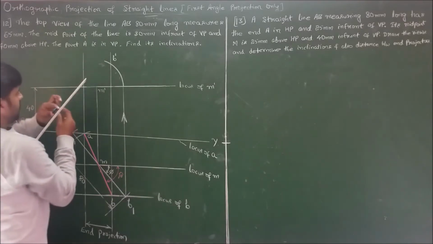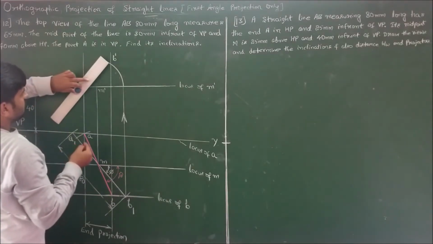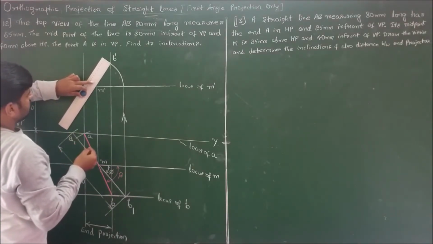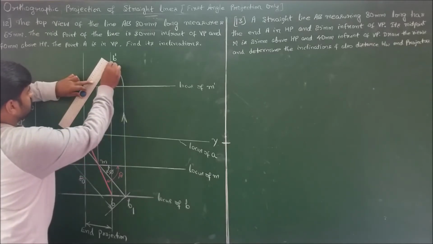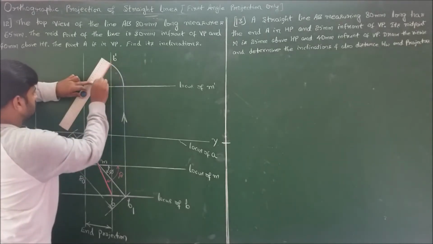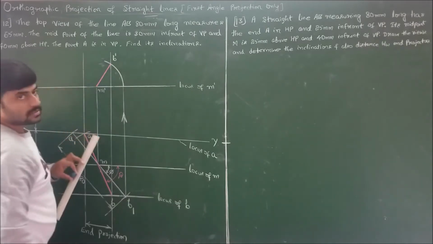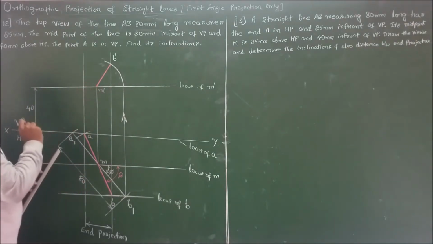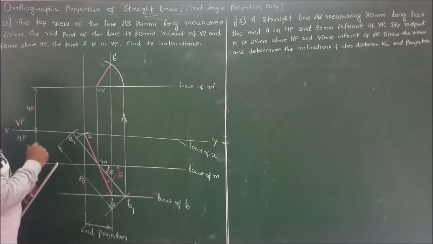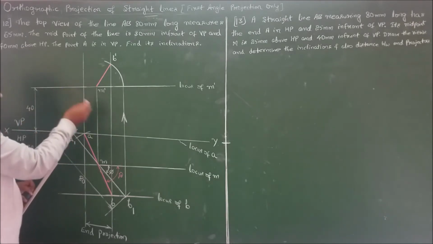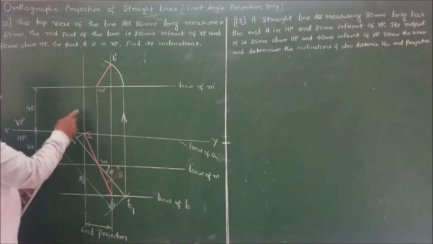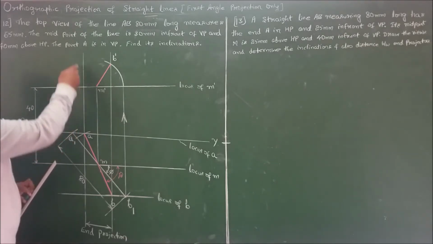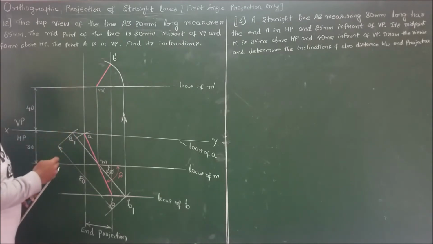Since this is apparent line, I should use different chalk. So measure the dimension, or just join to the midpoint, you get half of the line. So to get the remaining half, either you measure this and extend back, or repeat the procedure here. You just take the projection, rotate backwards and intersect here, because we already know that A dash should lie on this vertical line.